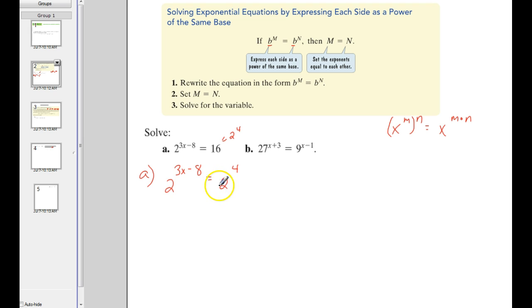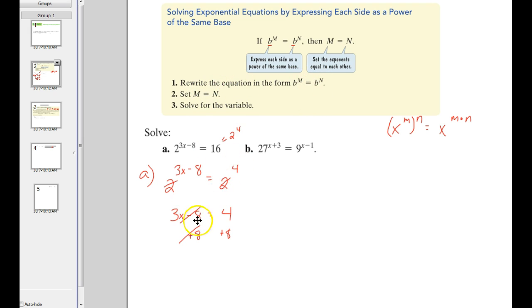Because both of these now have the same base, if the bases are the same, then you don't need the base anymore. You can get rid of the bases, so I can drop this 2 and this 2 out, and then my equation becomes just 3x minus 8 equals 4. This exponent equals this exponent, m equals n.